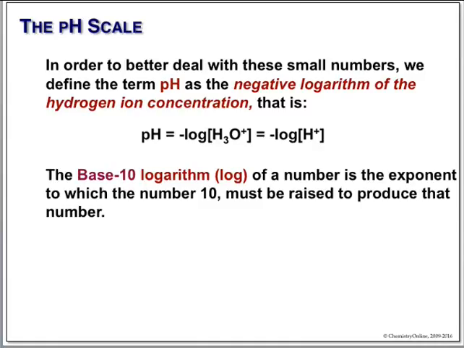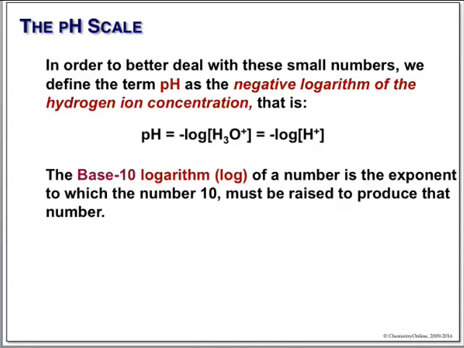We said hydronium was 10 to the minus 7. According to this equation, the pH is just the negative of the log of hydronium. The log of 10 to the minus 7 is minus 7. And because nobody likes to be negative, we multiply it by a minus 1.